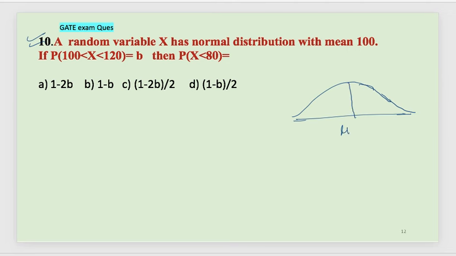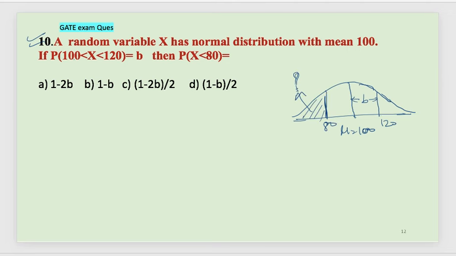The mean is 100, and they gave us the probability from 100 to 120 is B. So 120 is on the right hand side, and the information is given in terms of this unknown B value. What it is looking for is the probability of x less than 80. So 80 is on the left hand side.